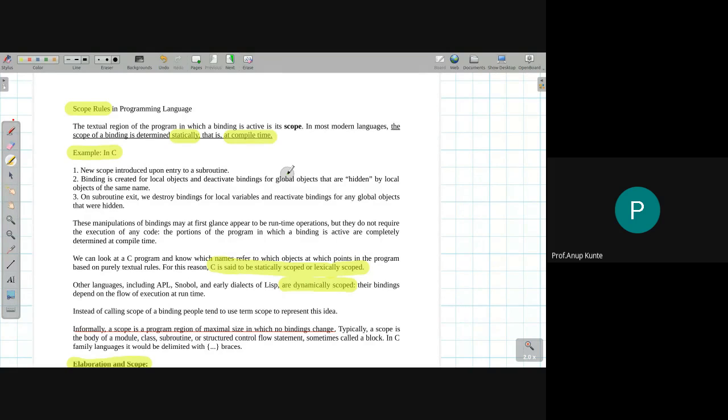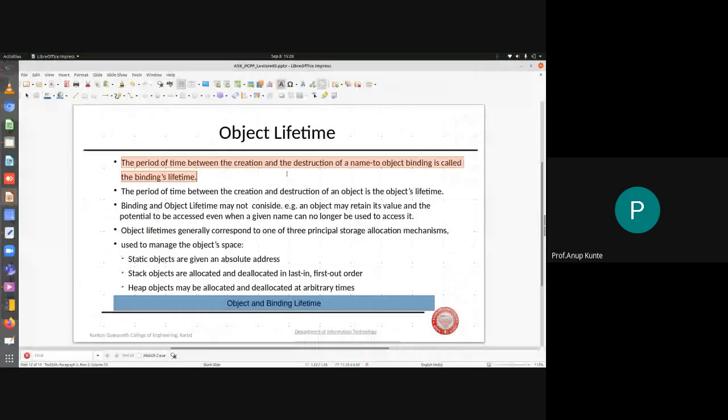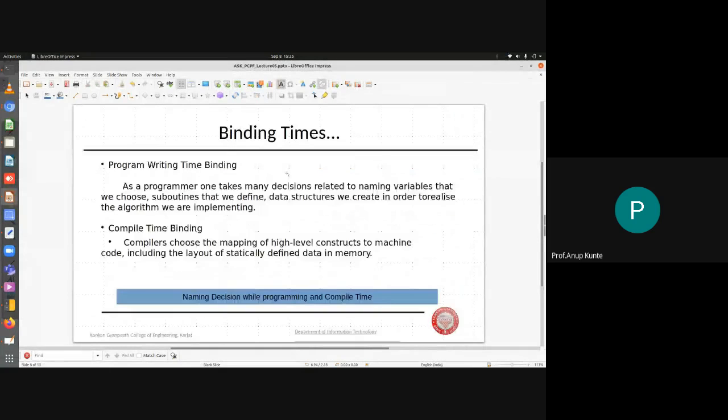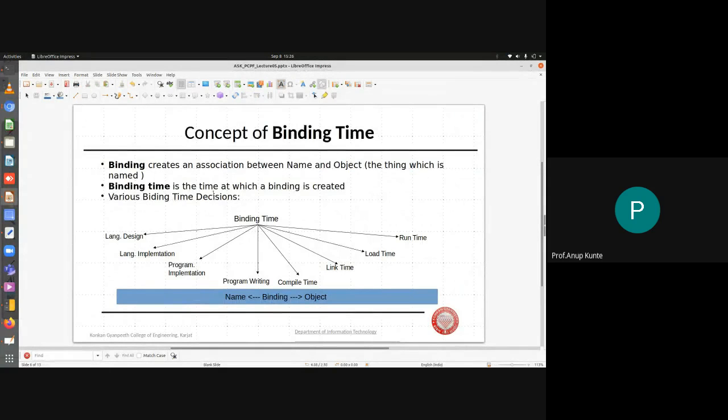So we discussed various types of binding in these slides. Actually, yesterday I told you that binding time decisions can be made at different times when I'm using programming objects. Certain objects will be bound to their names when I'm doing language design. Certain programming objects would be bound to the name when I'm implementing the language. When I'm writing the program, at that time I will bind certain names to their particular objects.